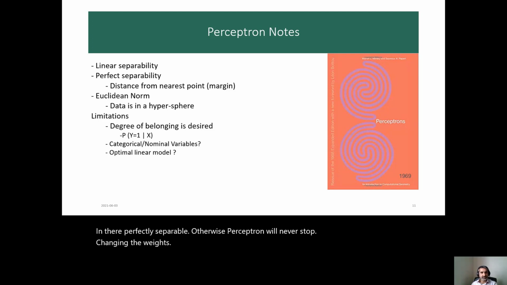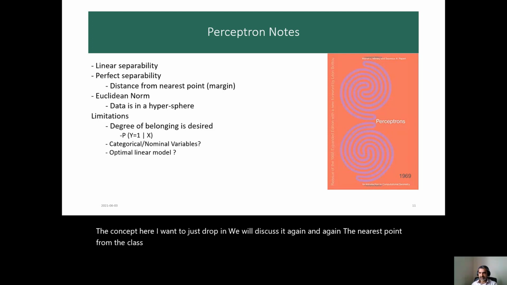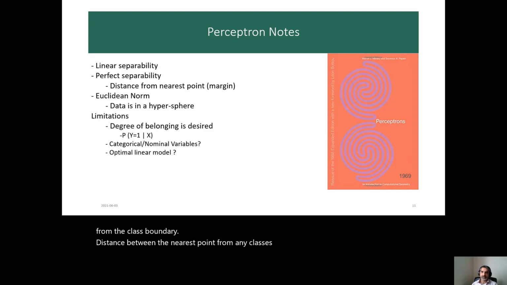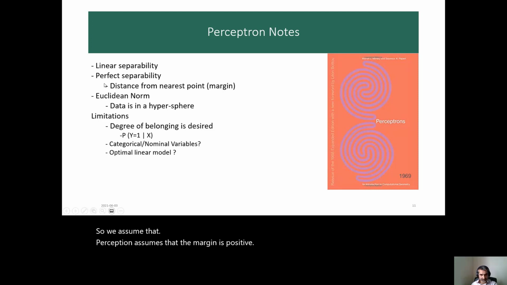The concept I want to drop in here, which we will discuss again and again: the distance between the nearest point from any class and the class boundary, we are going to refer to as margin. So the perceptron assumes that the margin is positive, so both classes are perfectly separable.